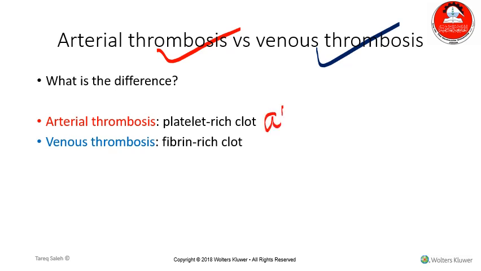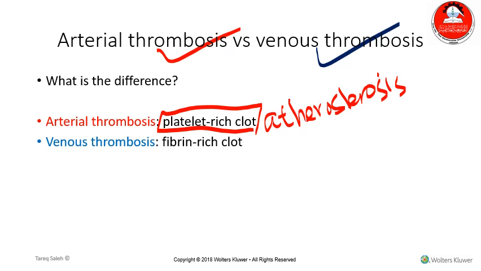Okay, so atherosclerosis plays a major role in arterial thrombosis. These arterial thrombi usually consist of a platelet-rich clot. So the clot that forms in arteries, or that makes up arterial thrombi, has lots of platelets in it.